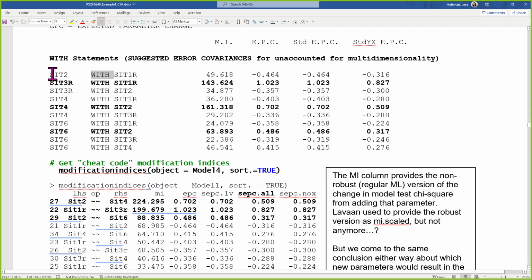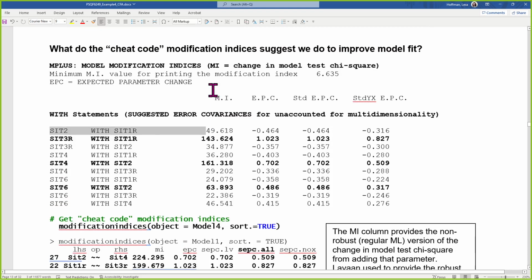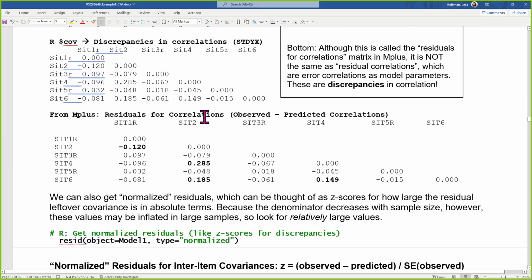So item 2 with item 1 is saying, let the part of the item that is not the factor have a relationship. And these are called residual covariances, not to be confused with this table, which is residuals for covariance. I know. I didn't make up the words.